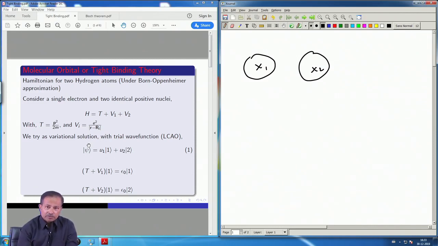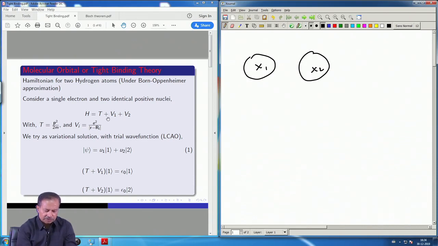One also remembers that these are not necessarily orthogonal, but to a first approximation we choose them to be orthogonal. So these 1 and 2 are my two orbitals sitting at the location of proton 1 and proton 2, nucleus 1 and nucleus 2.